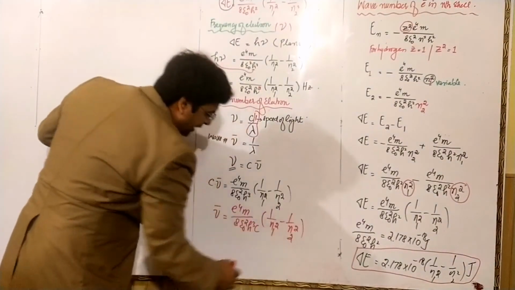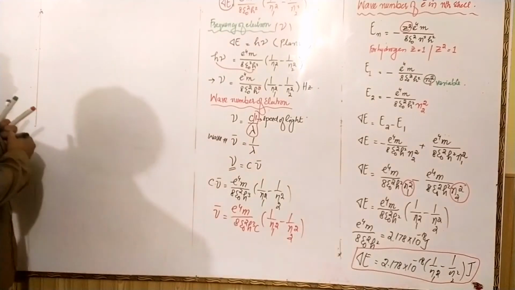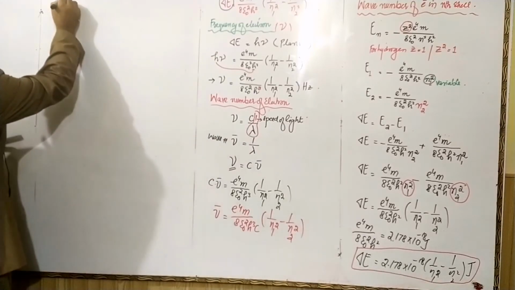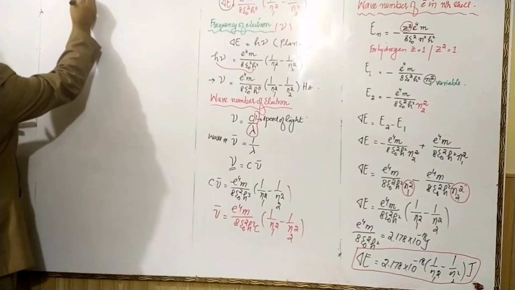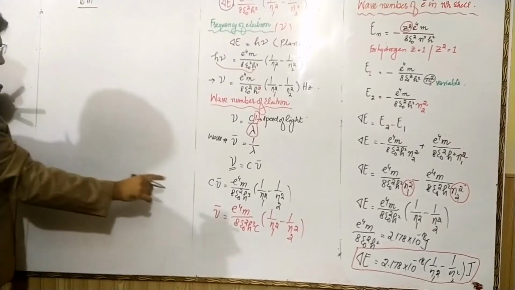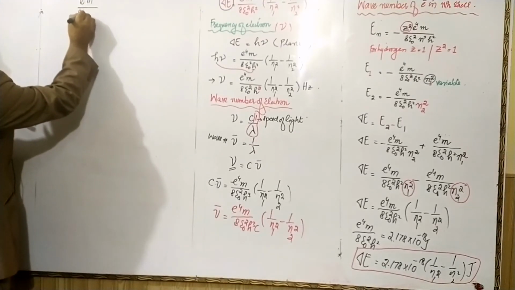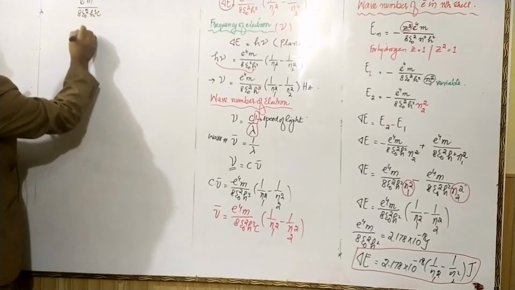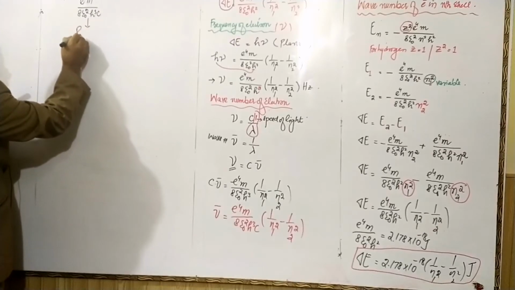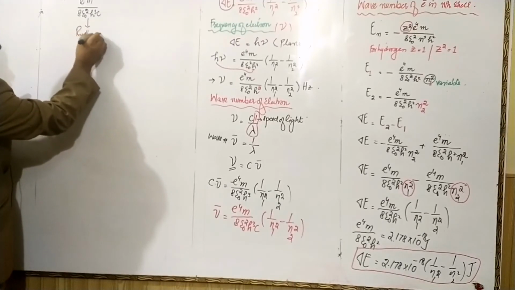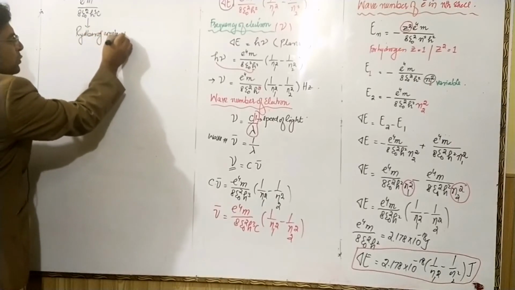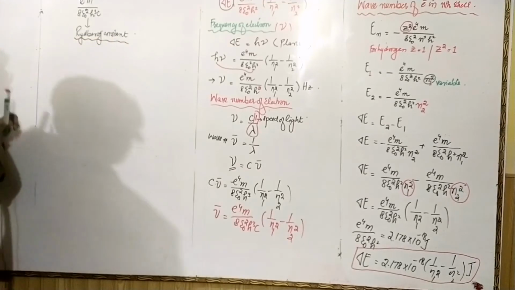Whereas these factors, we have studied that in mu bar, the factor E4m divided by 8 epsilon naught square h cube into c are all constants, and they are collectively called the Rydberg constant.